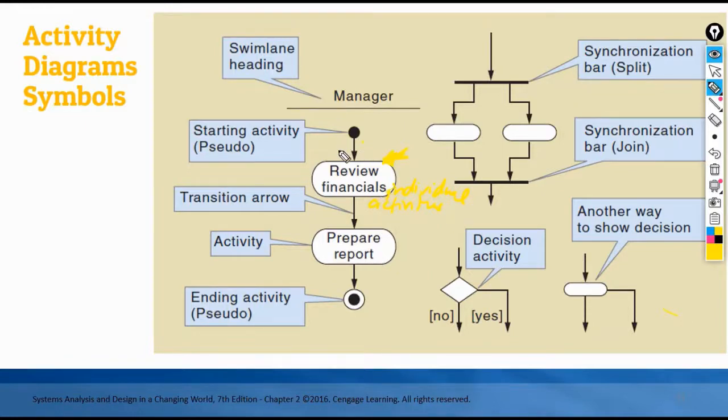The connecting arrows represent the sequence of the activities. The black circle denotes the beginning and end of the workflow.